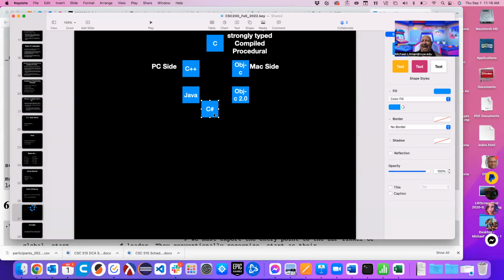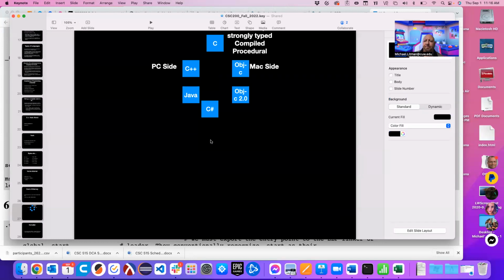Today, if you were to go out and get a job as a software engineer, the most popular languages you'd likely be programming in are probably a fairly tight race between Java and C#, Java and .NET.